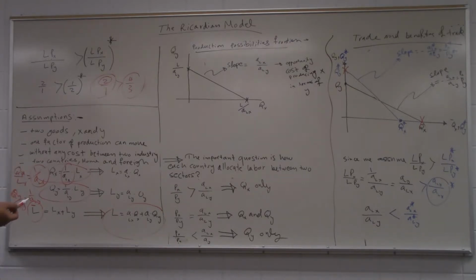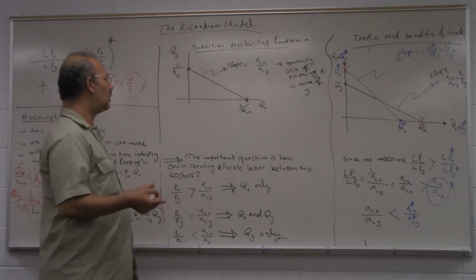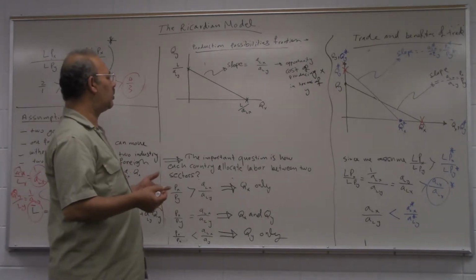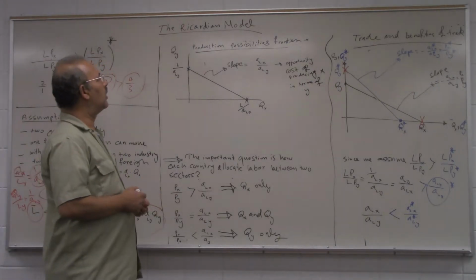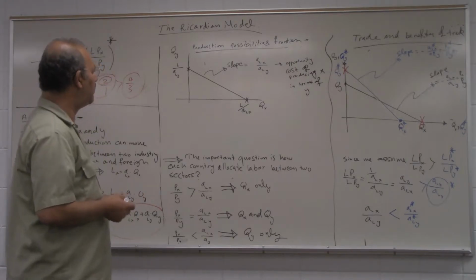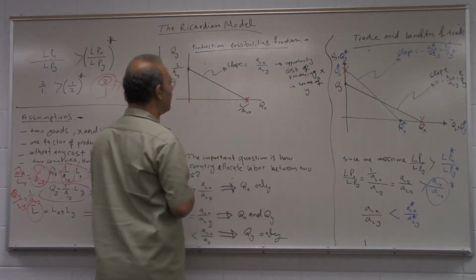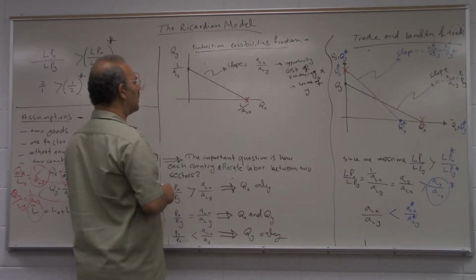Okay. Production possibility frontier, how to plot this graph. First, you have to determine this point and this point.